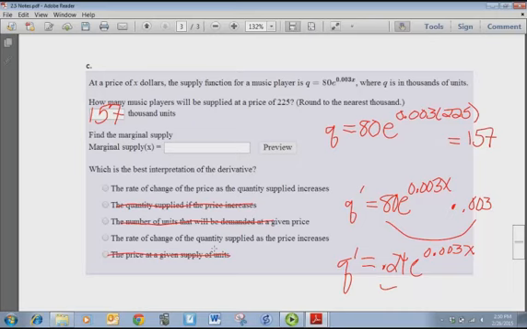Or the other one is rate of change of the quantity supplied as the price increases. And it's going to be D because our independent variable is the price here. That's our X. Price is in dollars. So what's changing is the quantity supplied as the price goes up.